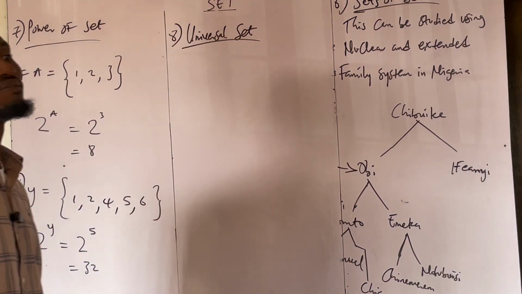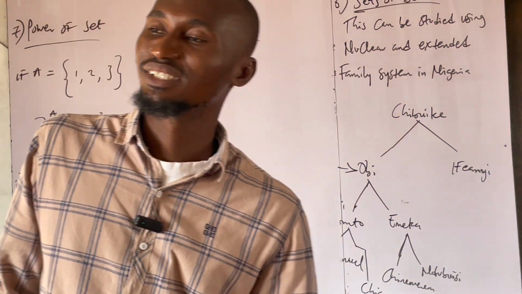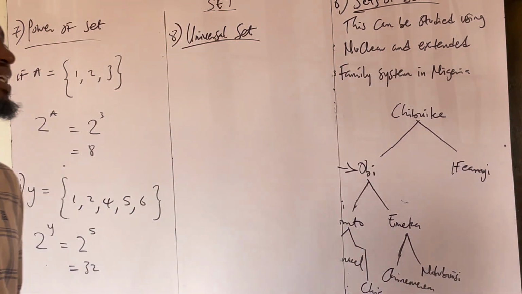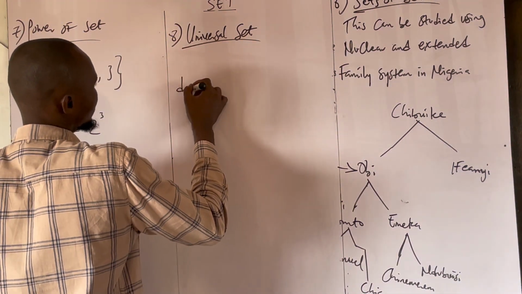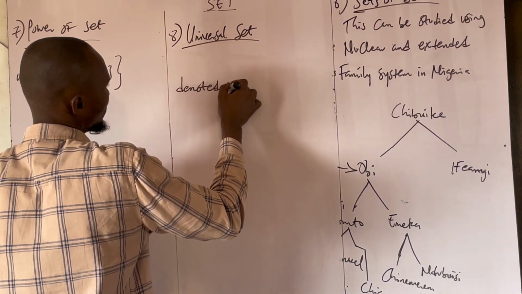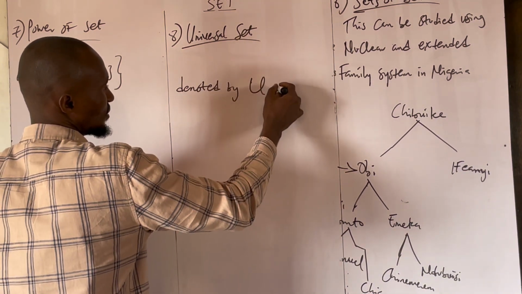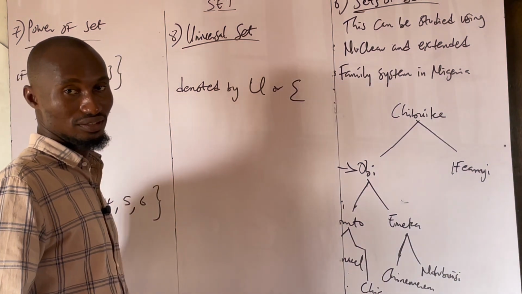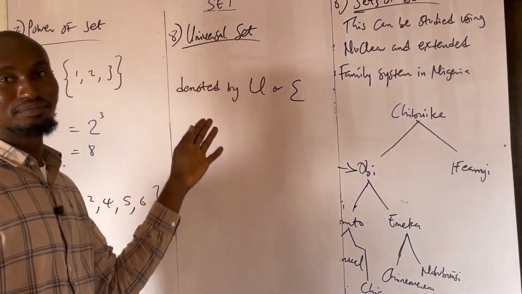We call this a fixed set or global set. It is used to represent the objects in particular. Do you get? So universal set is noted something like this or something like this. Do you understand? And it is commonly used in Venn diagram.